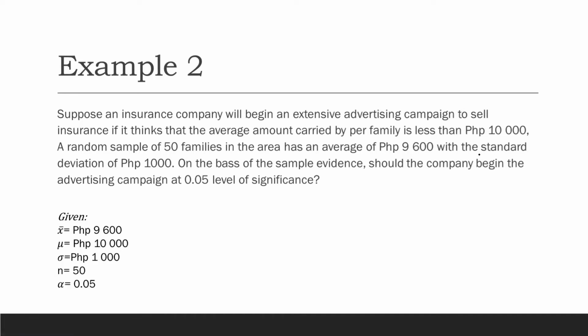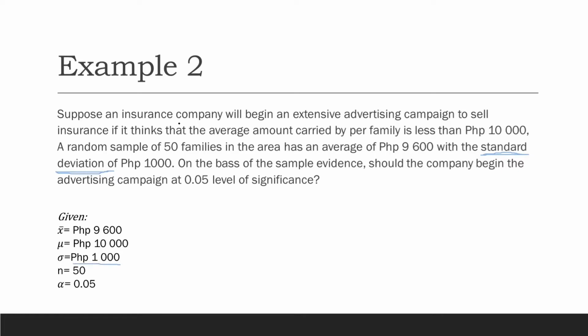So, not unlike dun sa ating previous example, ang given dun ay variance. So, that's why we need to get the standard deviation. But then, since ang ating given dito ay standard deviation na, wala na tayong kukumputin. So, therefore, the standard deviation is 1,000 peso.